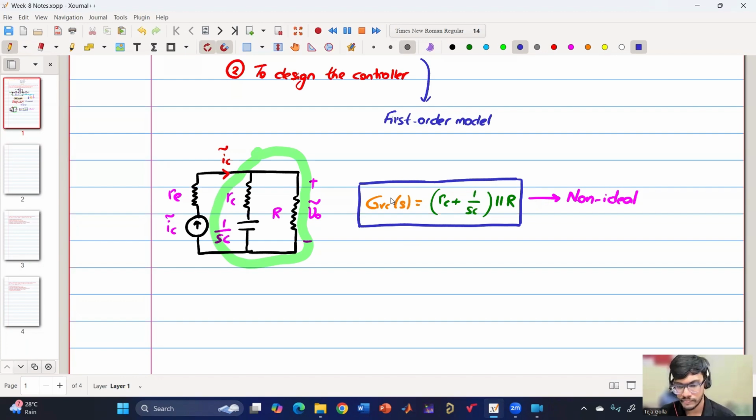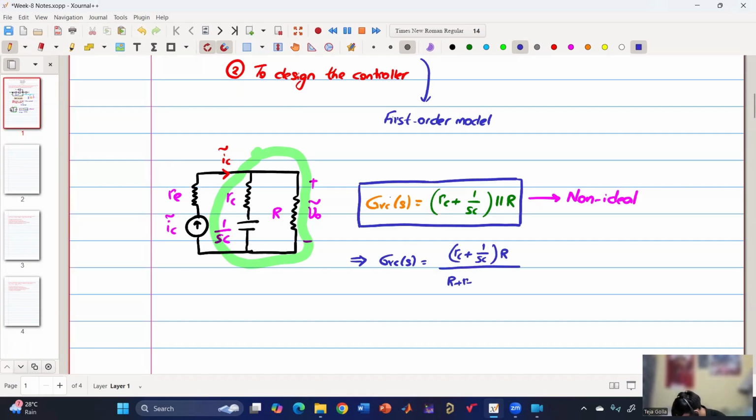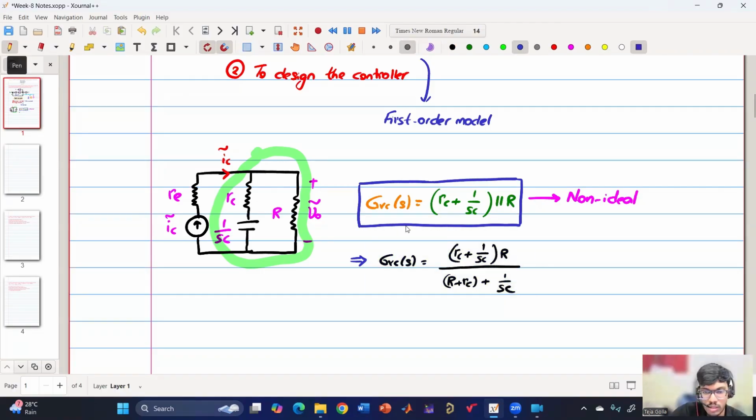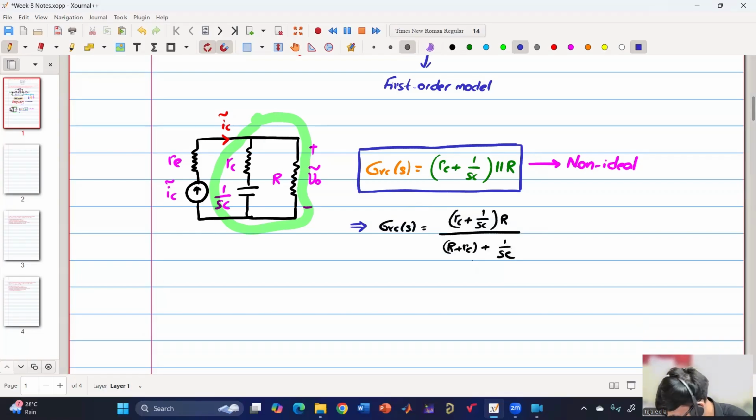I'll also be calculating, but please solve along with me. I hope you are also solving with me, so we can cross check what we are getting.